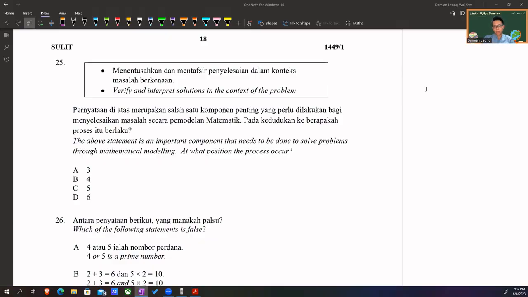Then after that, we use mathematical formulas or equations to solve the problem. Then we verify and interpret the solutions from there. So that is step number 4. The answer will be B.